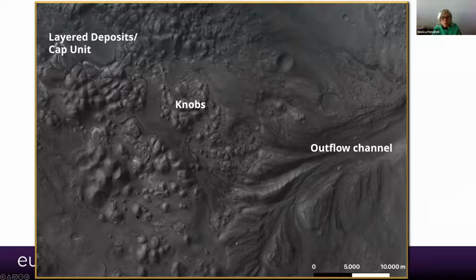Here we have the knobs, but actually they are overlapping also these erosional features related to the outflow channel formation. This is too early, sorry. Okay, we will go back to this in a second.